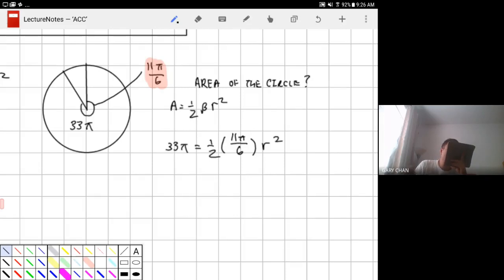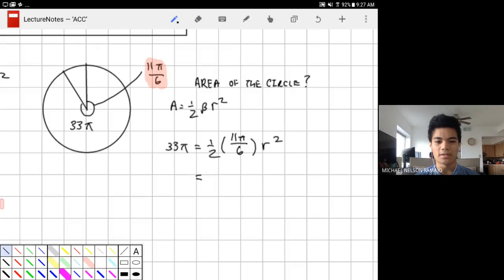So let's just get rid of that parentheses there. If I get rid of the parentheses, that means I'm going to need to multiply the 1/2 with the 11 pi over 6. So when you're multiplying fractions, do we cross multiply, or do we multiply numerator with numerator and denominator with denominator?